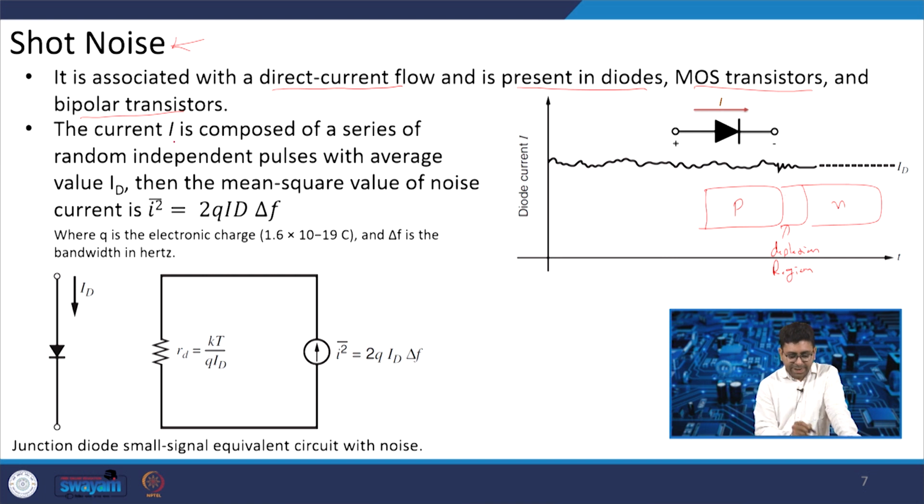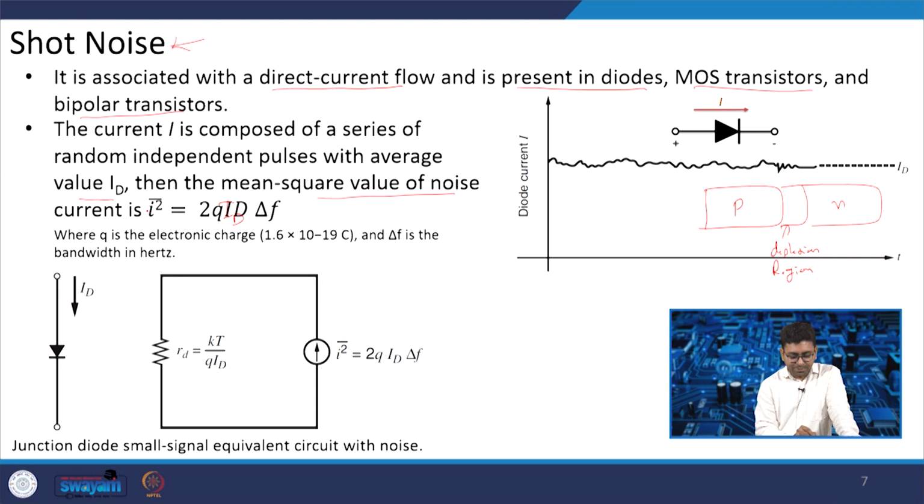So, the current I is composed of a series of random independent pulses with average value ID, and the mean square value of the noise current is generally given by 2q ID delta f.